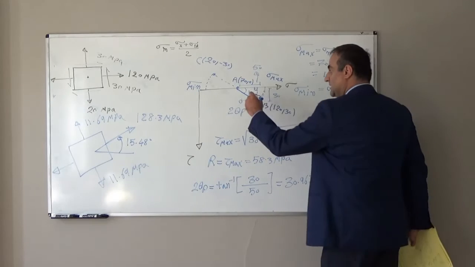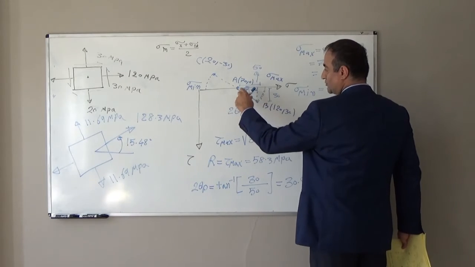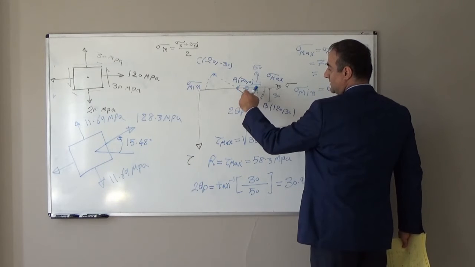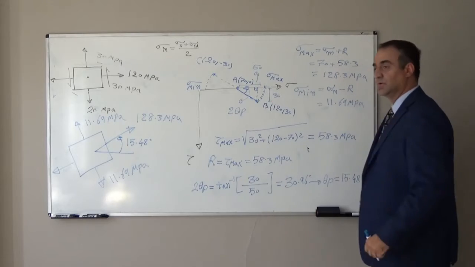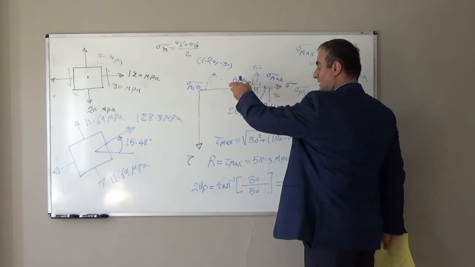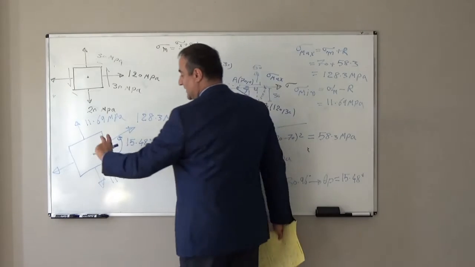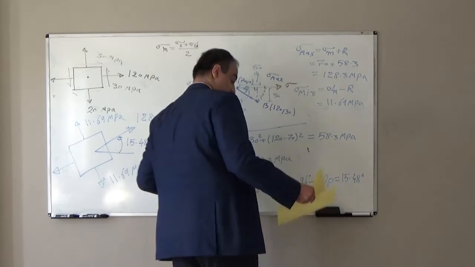Because rotation here is clockwise, if we want to rotate B and bring point B to here, the maximum normal stress point, we should rotate counterclockwise. So here I will rotate this element counterclockwise.